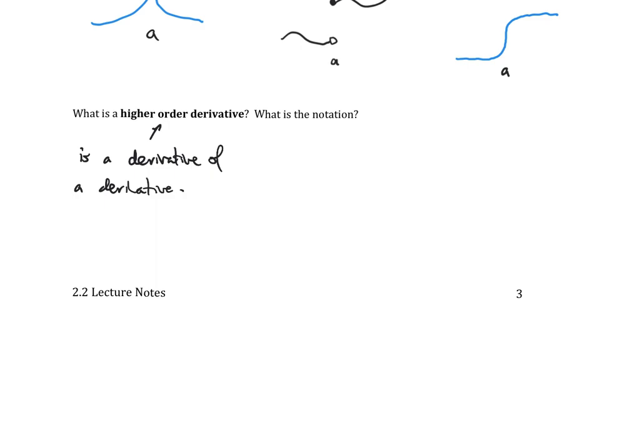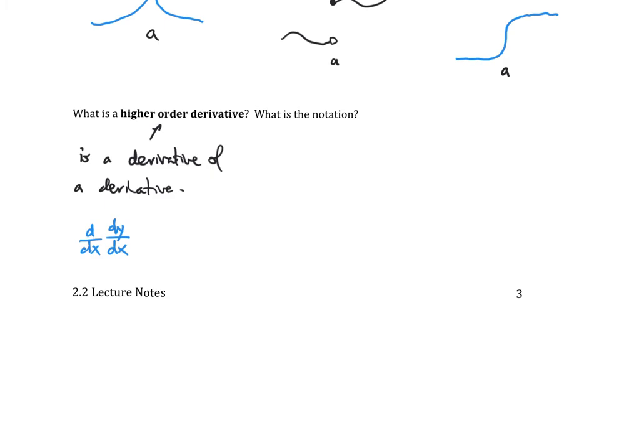Let me tell you about the Leibniz notation first. Remember when we talked about the first derivative, we wrote it as dy dx. And then when you apply the differentiation operator, that means you're going to take a derivative. So if I apply the differentiation operator, I have a d dx like that. This is not the notation we use.